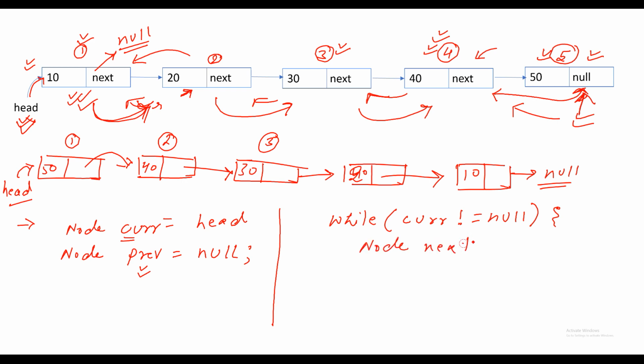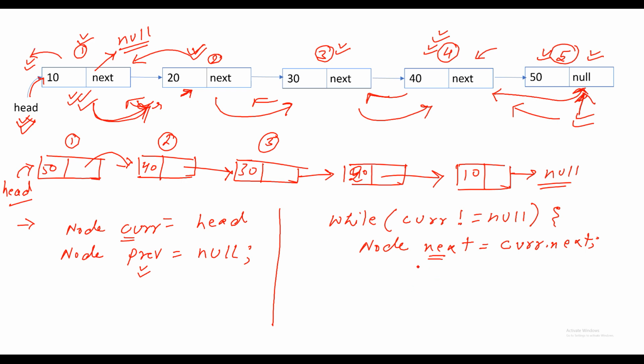So we'll keep a temporary variable called next and assign current.next into it, right? So what we are doing, we are keeping this next node in the next variable. So this is just a temporary variable. We will keep the next value of the node. And then you have to make your current point to its previous.